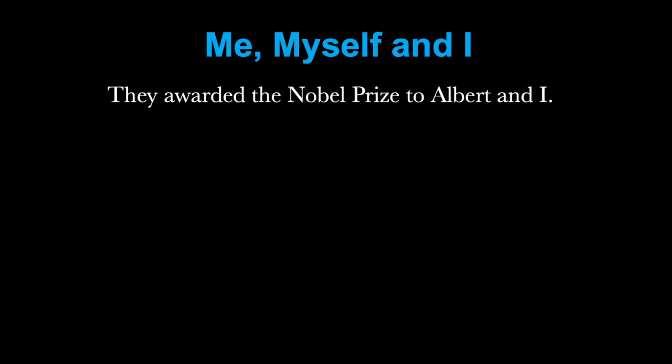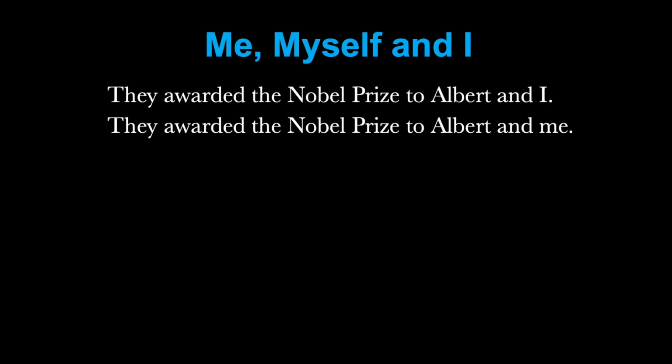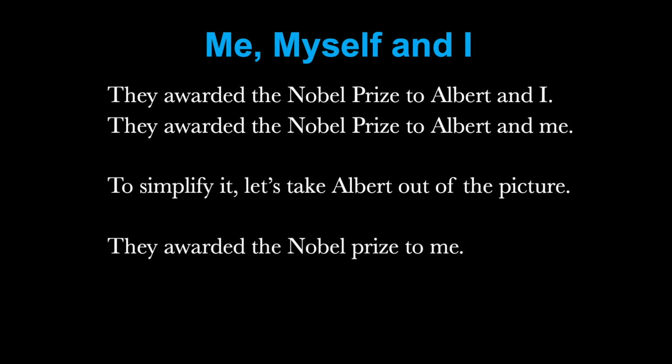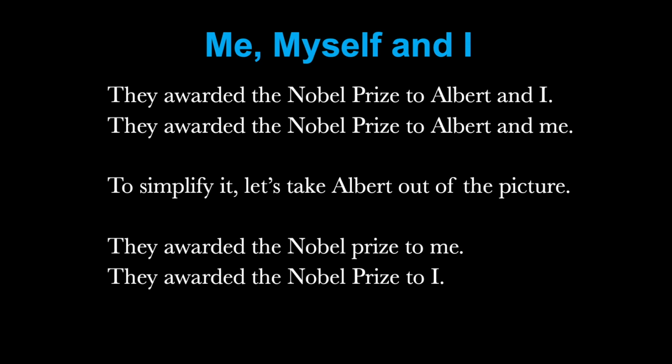Here's an example of where people often get it wrong. Is it they awarded the Nobel Prize to Albert and I, or they awarded the Nobel Prize to Albert and me? Which of the pronouns is right? To simplify it, let's take Albert out of the picture. Is it they awarded the Nobel Prize to me, or they awarded the Nobel Prize to I?